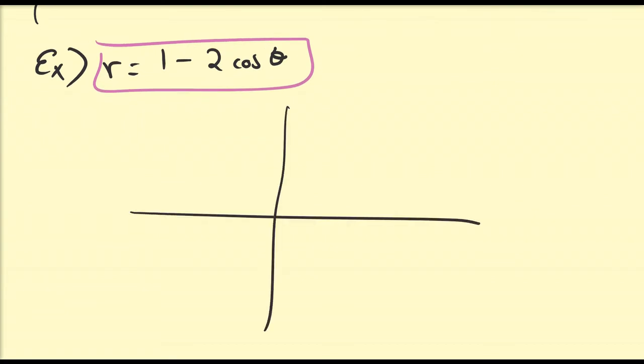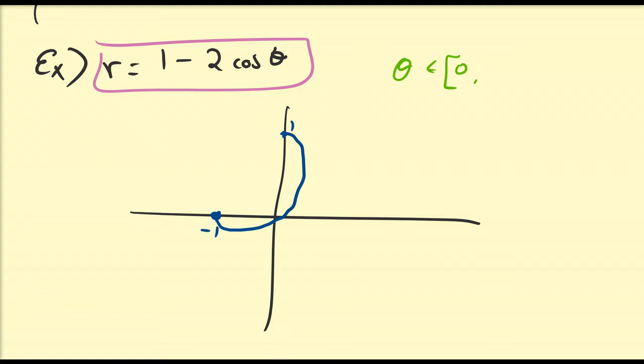All right, so when theta is equal to 0, right? So cosine is equal to 1, and then 1 minus 2 is negative 1, right? So if we start our theta at 0, then we're going to be located at negative 1, right? And you can slowly traverse this over here, and then you'll hit this point 1.